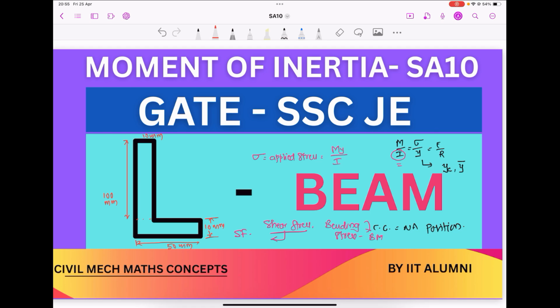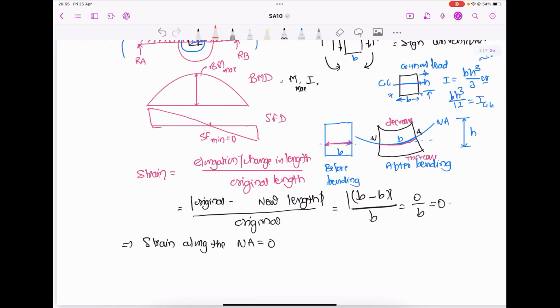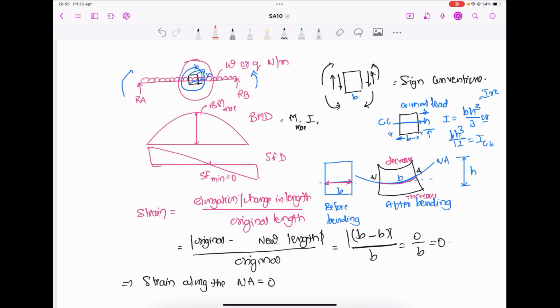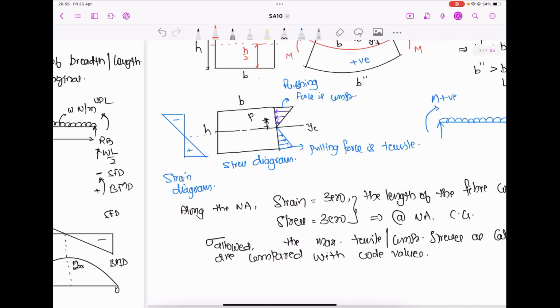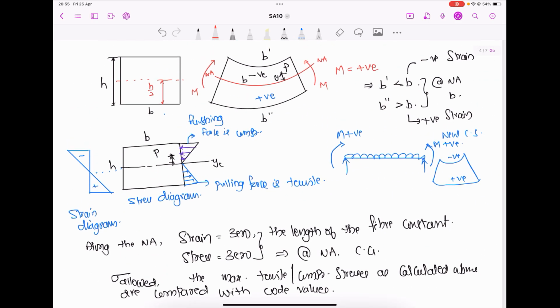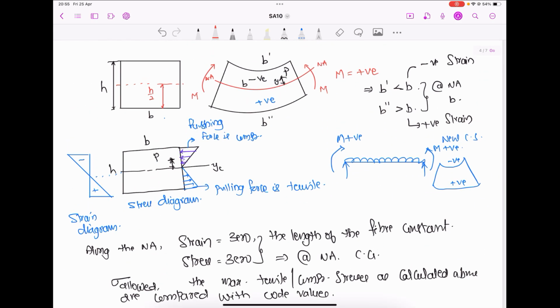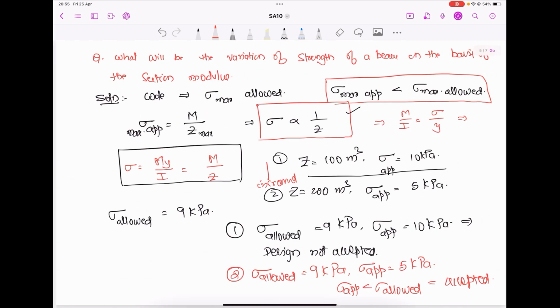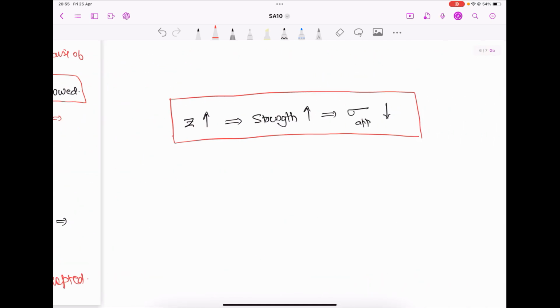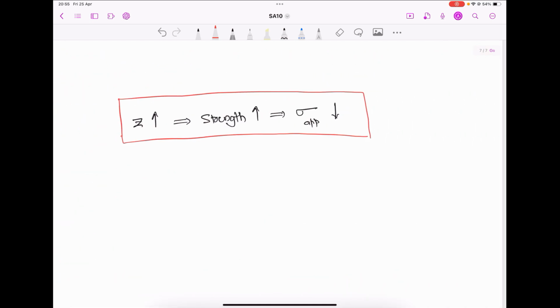Now, because we have discussed the stresses and the meanings of the stresses, I feel it is time for us to close for today, and this L beam we will try to calculate.